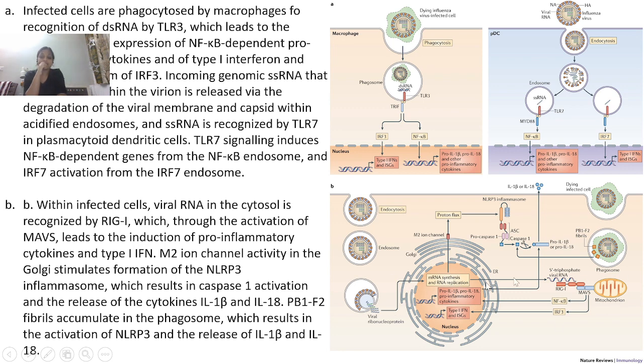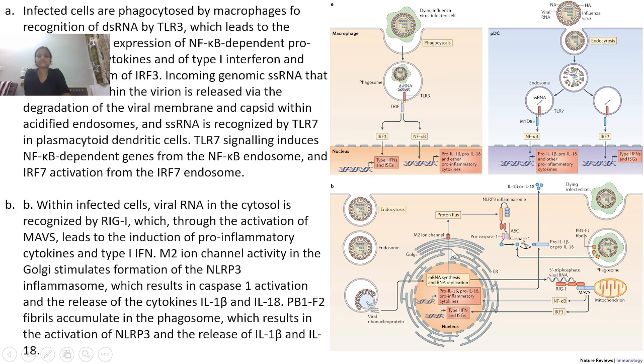Here you can see the ER, with ribosomes attached to it, as you all know. The mRNA synthesis and RNA replication occur inside the nucleus, and there is synthesis of the proteins at the ER.